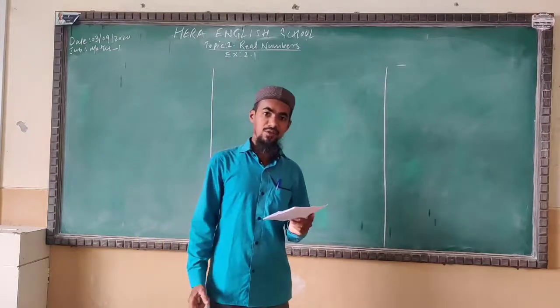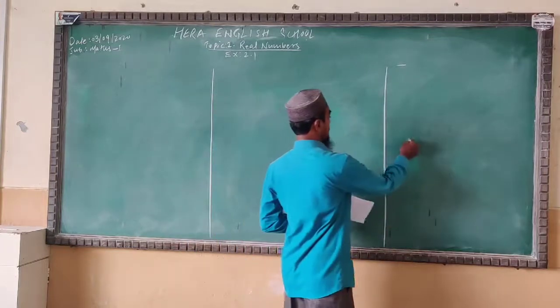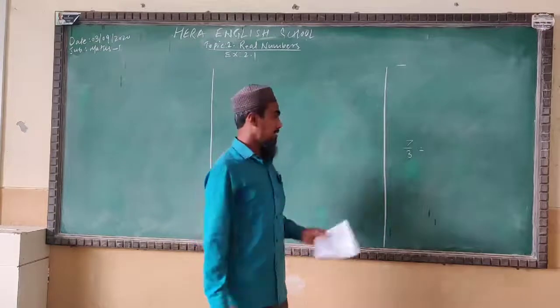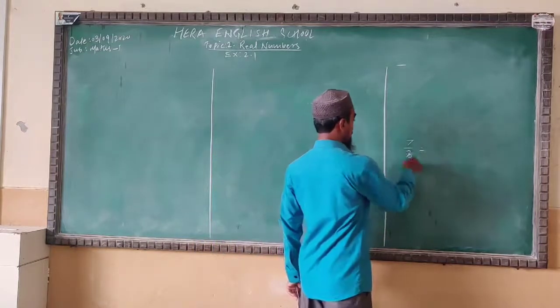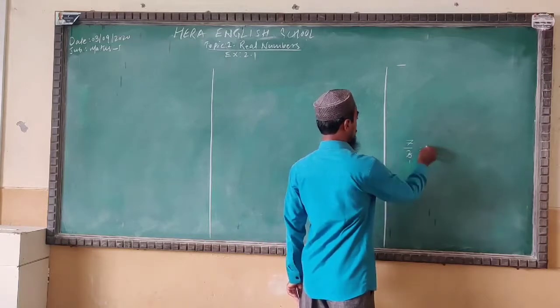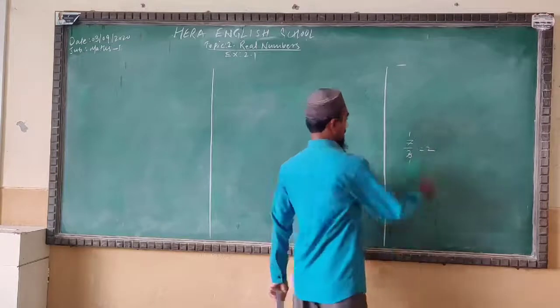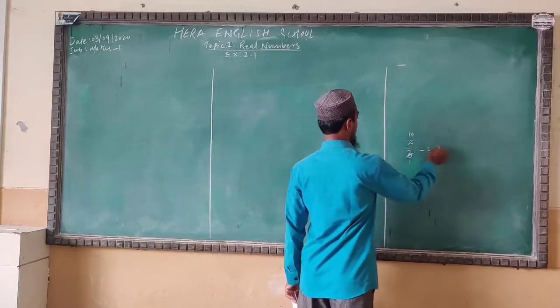So okay, got everyone? Suppose you have the number 7 upon 3. We are taking it just as an example. You will divide this one. 3 1 is 3, 3 2 is 6. You will get 1 carry. Take the point and 0, 3 3 is 9.